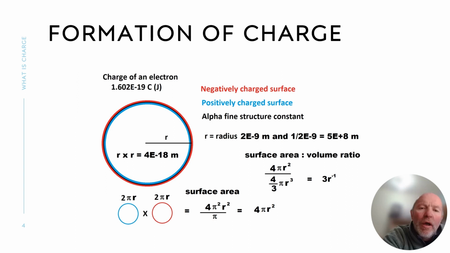And that's really why I've got two particles, two circles with a circumference of 2 pi r.